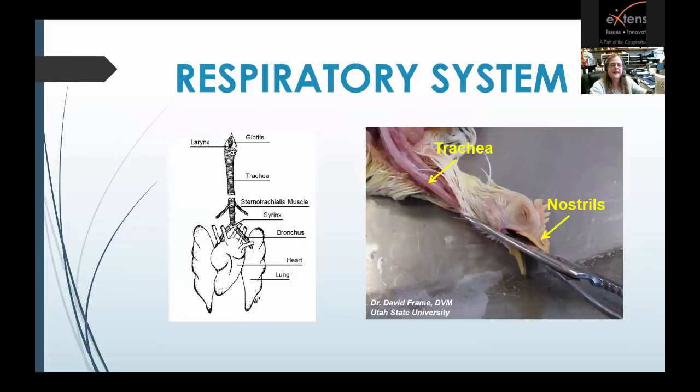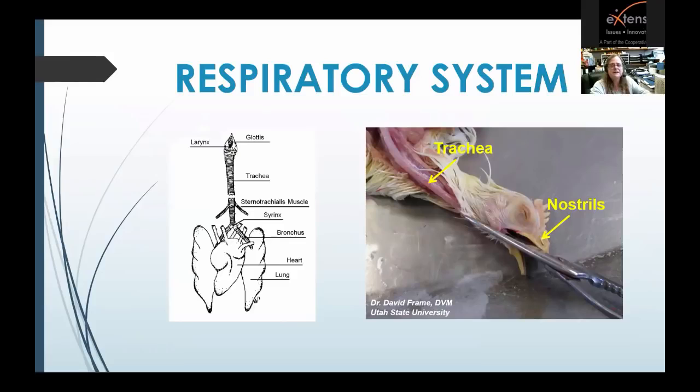And then at the end of the trachea, you can see it splits into two bronchi. If a respiratory infection occurs, you will sometimes get a block at that junction because the diameter of the respiratory tract gets smaller.